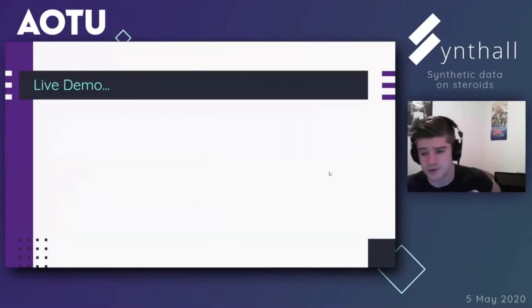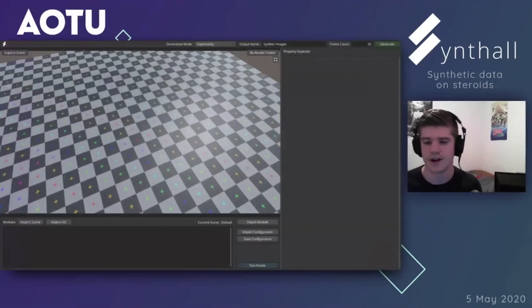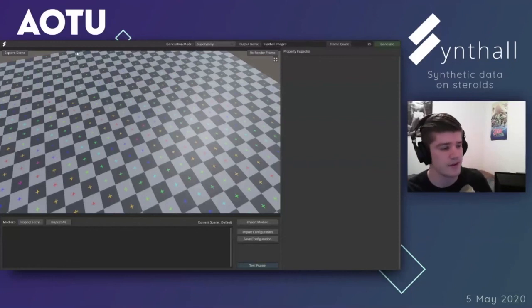So I'm going to go ahead and do a live demo here. I'm going to pop up Synthall and get this ball rolling so we can see what's going on. All right, so I've got Synthall on the screen here. This is what Synthall looks like when it starts up. It's not super complex, but it's not super simple.